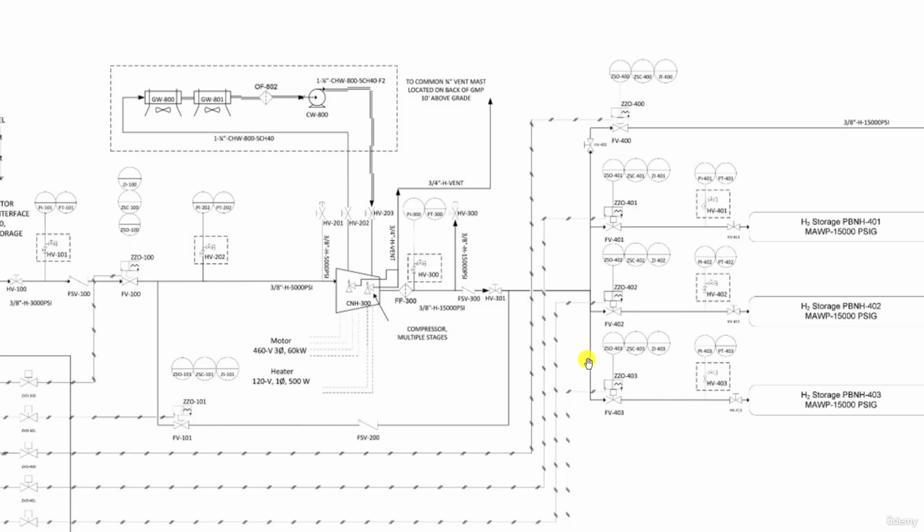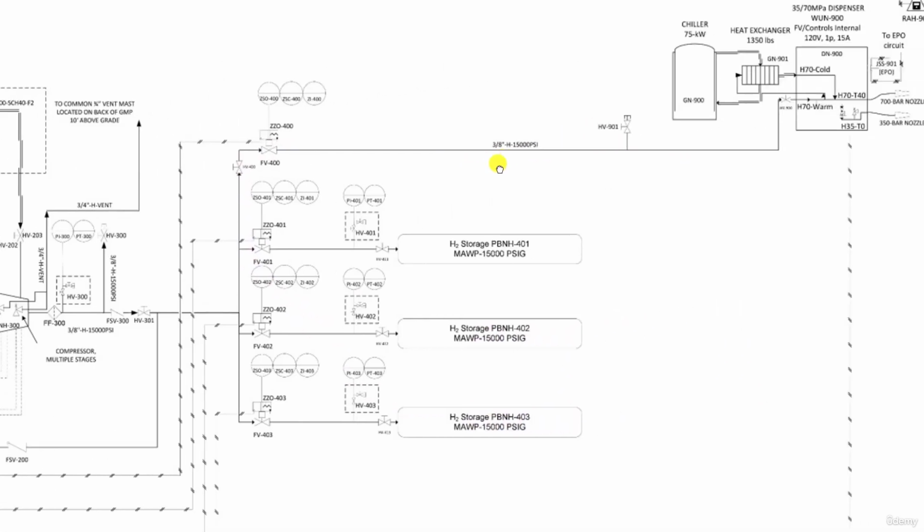It could go to 3 identical storage tanks, PBNH 401, 402, and 403, or go to feed hydrogen nozzles downstream. Let's first focus on the storage tanks.